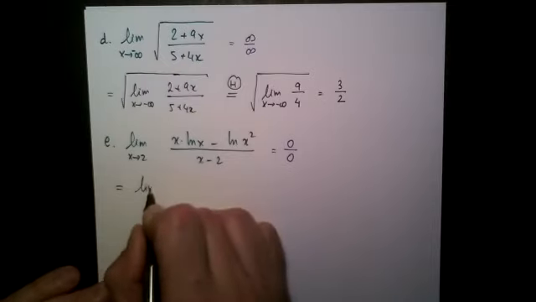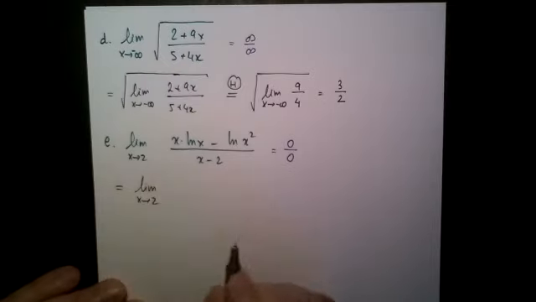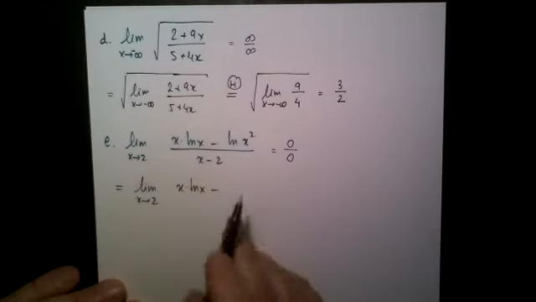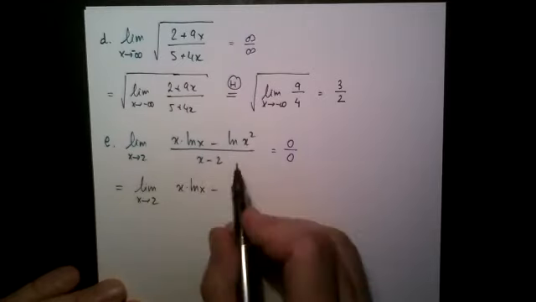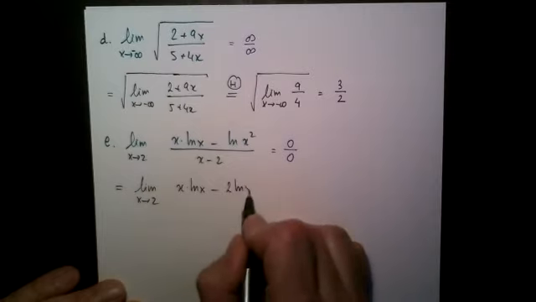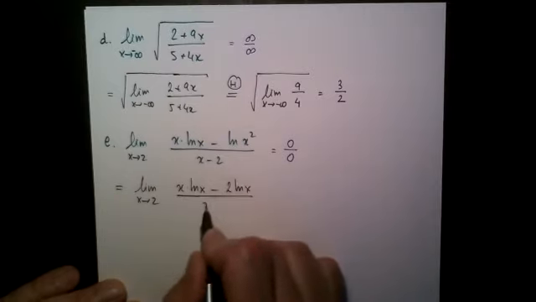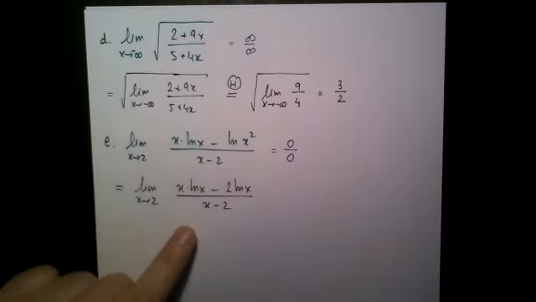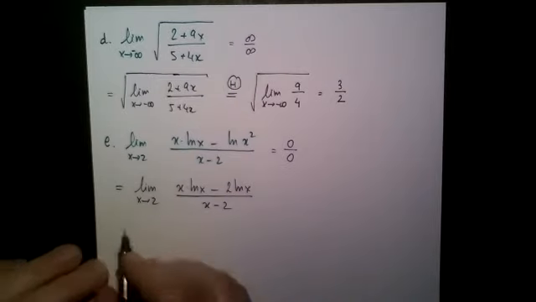Okay, so let's use the properties of ln that you learned in high school. So x ln x minus, this exponent you could bring in front, 2 ln x over x minus 2. Okay, you understand this step? And now I could factor out ln x.